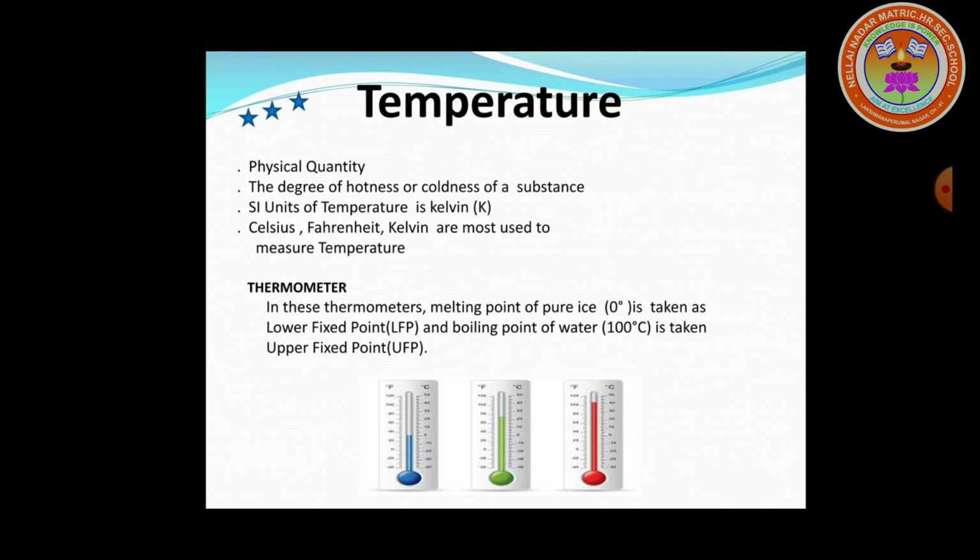In these thermometers we can identify the lower fixed point and the upper fixed point. Based on these only we can measure the temperature of an object. You already know the melting point of pure ice is taken as 0 degrees Celsius. In thermometers, the melting point of pure ice is taken as the lower fixed point, denoted by LFP.